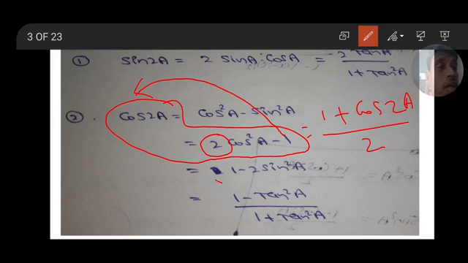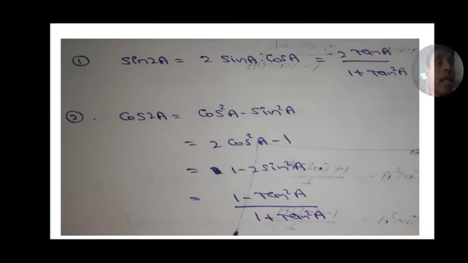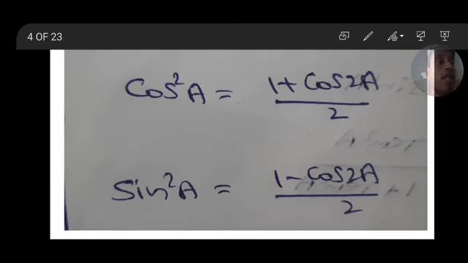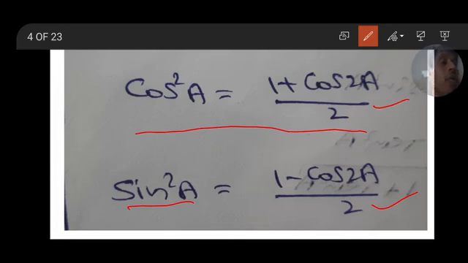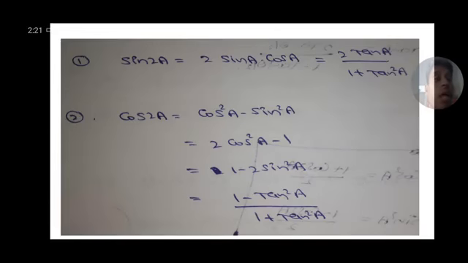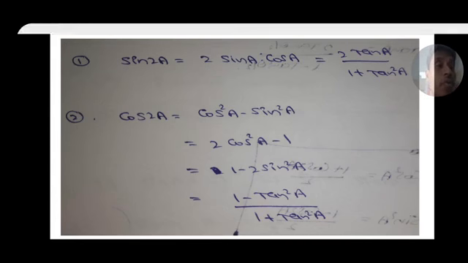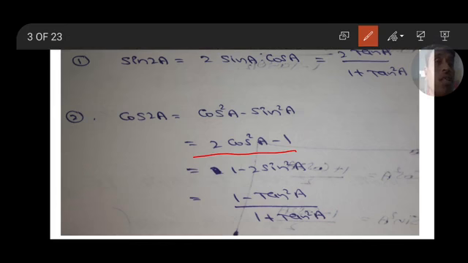If you take the other formula, we get sin square A equals 1 minus cos 2A by 2. These are two results: cos square A equals 1 plus cos 2A by 2, and sin square A equals 1 minus cos 2A by 2. These two results come from the formulas 2 cos square A minus 1 and 1 minus 2 sin square A.